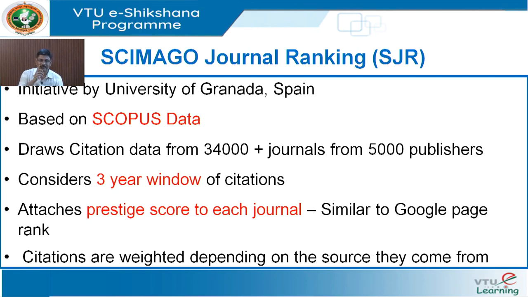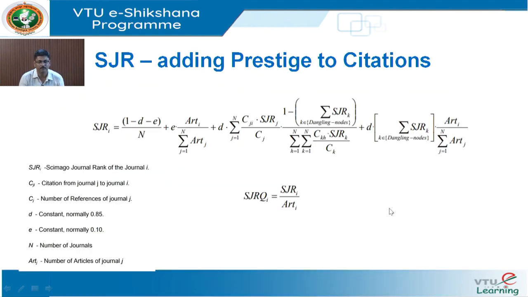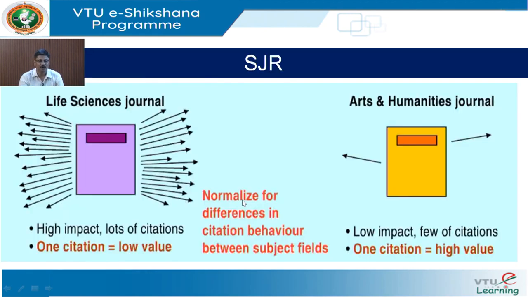Similar to Google PageRank, citations are weighted depending on the source they come from. The SJR score is calculated using a complex mathematical formula, and if you are from a statistical or mathematical background, you will be able to understand it. This is how they assign weightage for each citation.